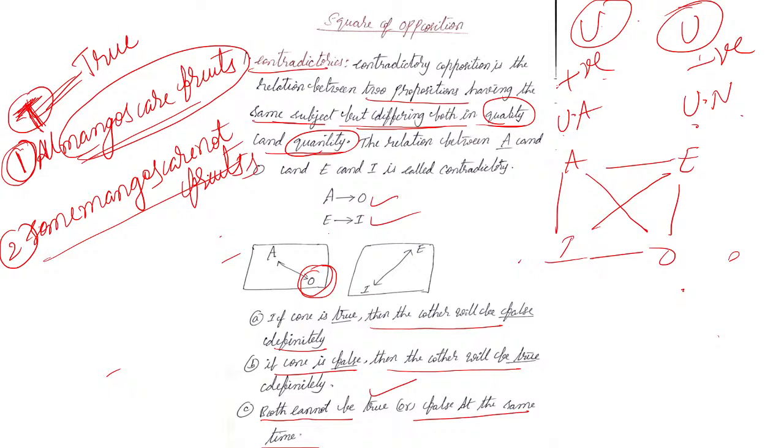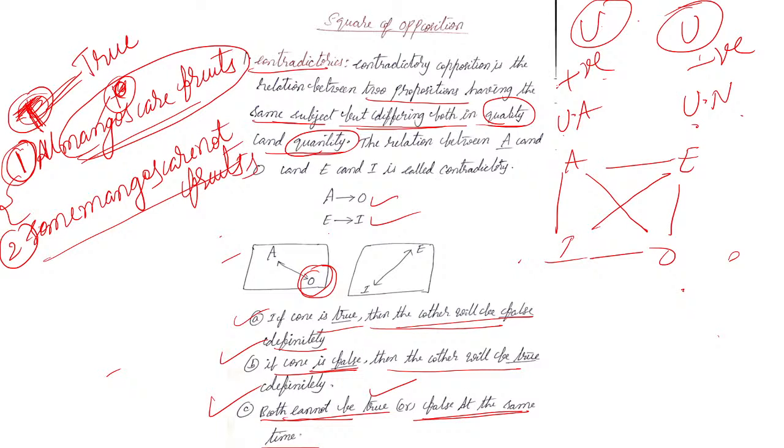Either one is true, the other will become false. If the other is false, one becomes true. That's it. At the same time, these both cannot be false or both cannot be true. Please remember these 3 points about contradictories. If one is true, then the other will be false. If one is false, then the other will be true. Both cannot be true or false at the same time.